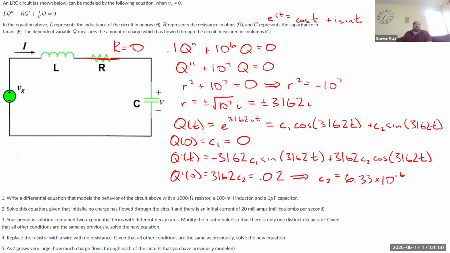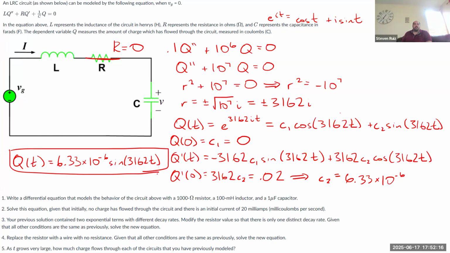So the solution to this equation is Q of t equals 6.33 times 10 to the negative 6 sine 3162t. All right. So now I have solved 3 different differential equations.